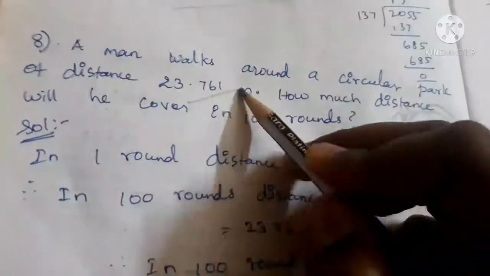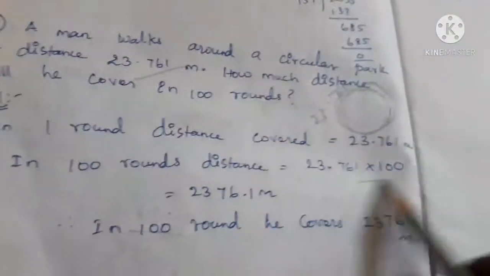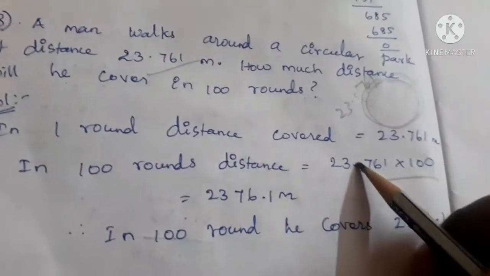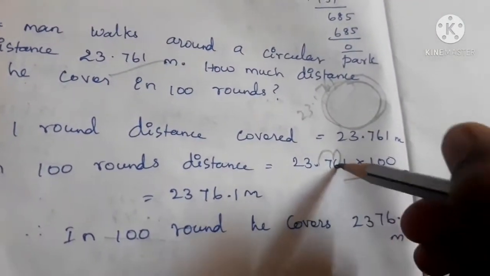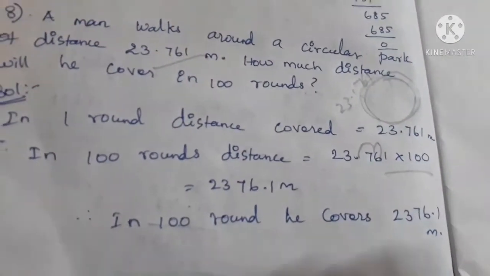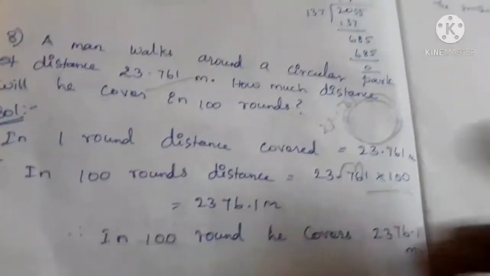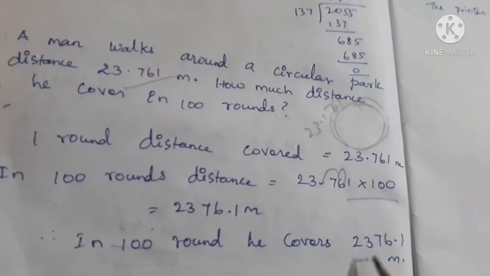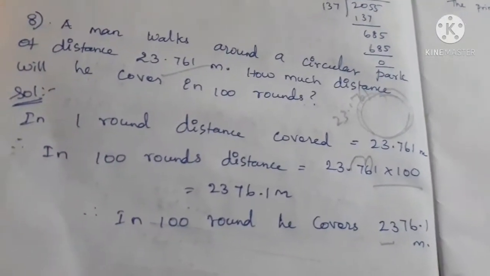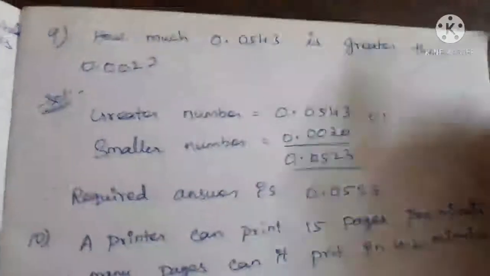Multiply it by 100, that's it. When you multiply by 100, the point will move from left to right, 1, 2. Keep the point here. There is no change in the number, only the point is changed. In 100 rounds, he covers 2376.1 meters.